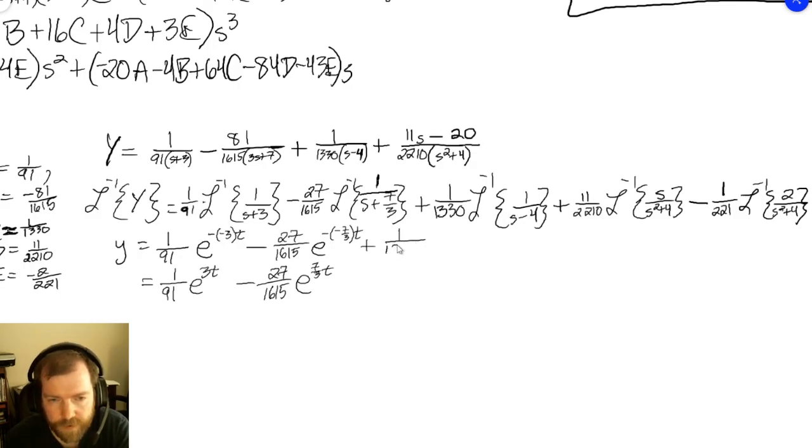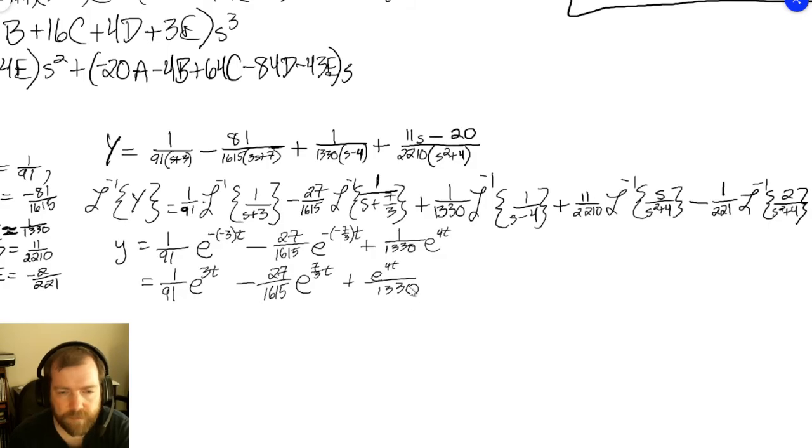Plus 1 over 1330 times e to the 4t. Again, this is the one that's giving us issues, so it potentially might not be, but it's going to be pretty close to that. Plus 11 over 2210 times the inverse Laplace of this thing.